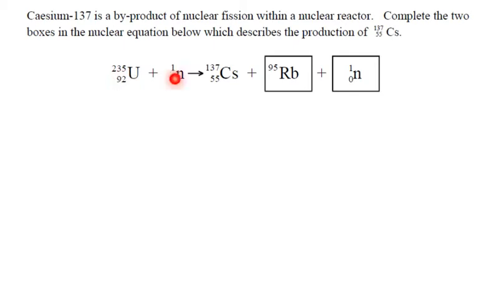And the sum of the proton numbers on this side should equal the sum of the proton numbers here. So if you look at uranium, we've got 92 plus 0, and we want to find out rubidium, so minus 55. This is going to tell us our missing number, which is equal to 37.